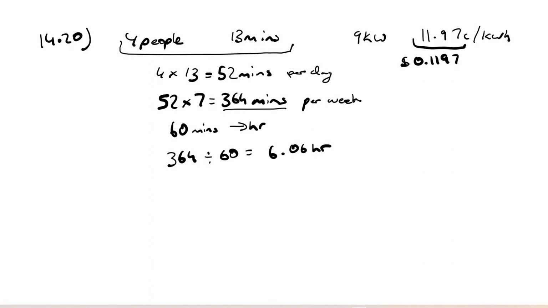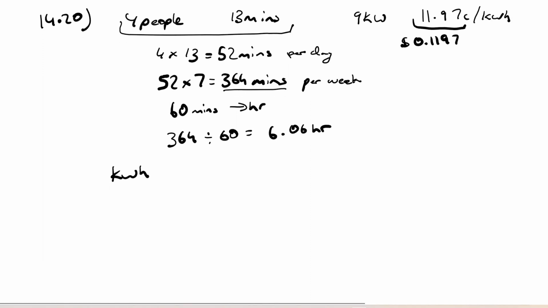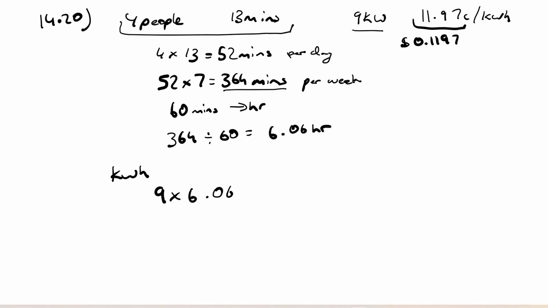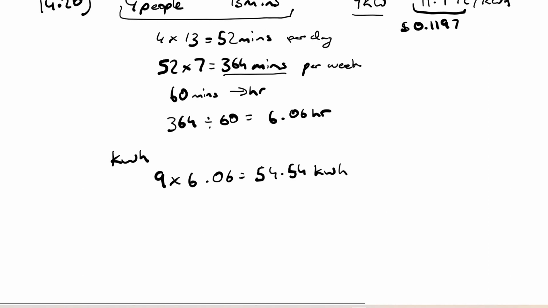Now we can figure out what our kilowatt hours is. We know that the kilowatts of our hot water system is 9 kilowatts. Therefore, we can do 9 times by 6.06, which is equal to 54.54 kilowatt hours.